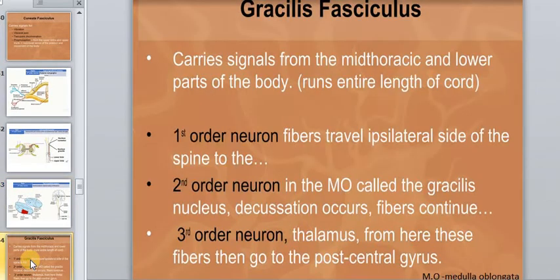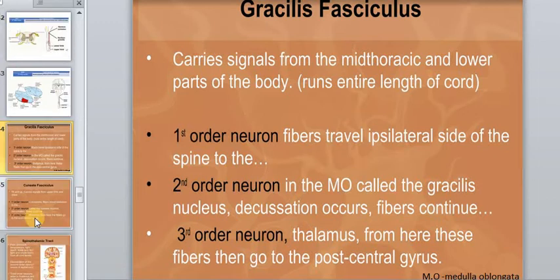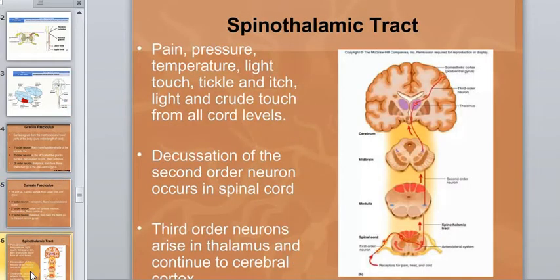The following tracts are the anterior and lateral spinothalamic tracts. So it's just like the previous one, and here the spinothalamic tracts, anterior and lateral spinothalamic or ventral tracts, send signals of pain, temperature, pressure to the thalamus.